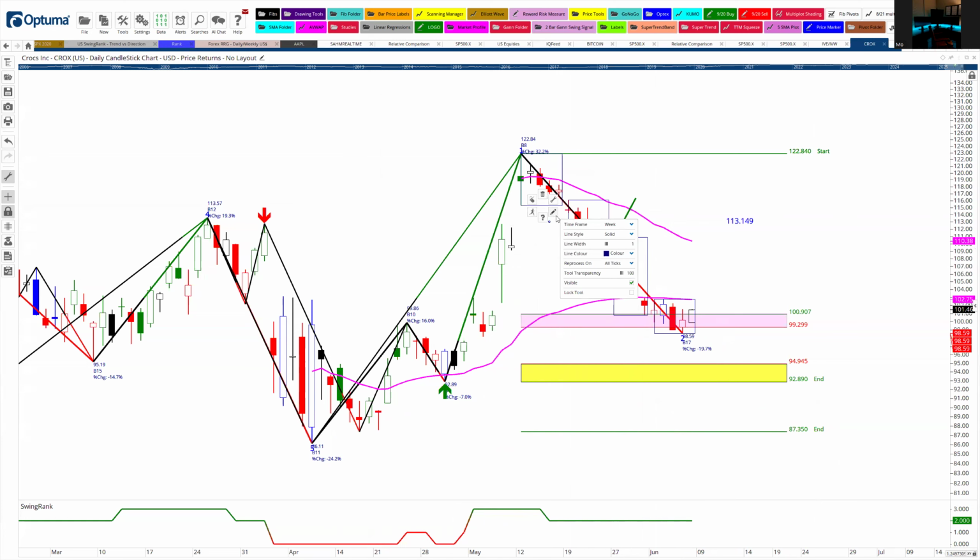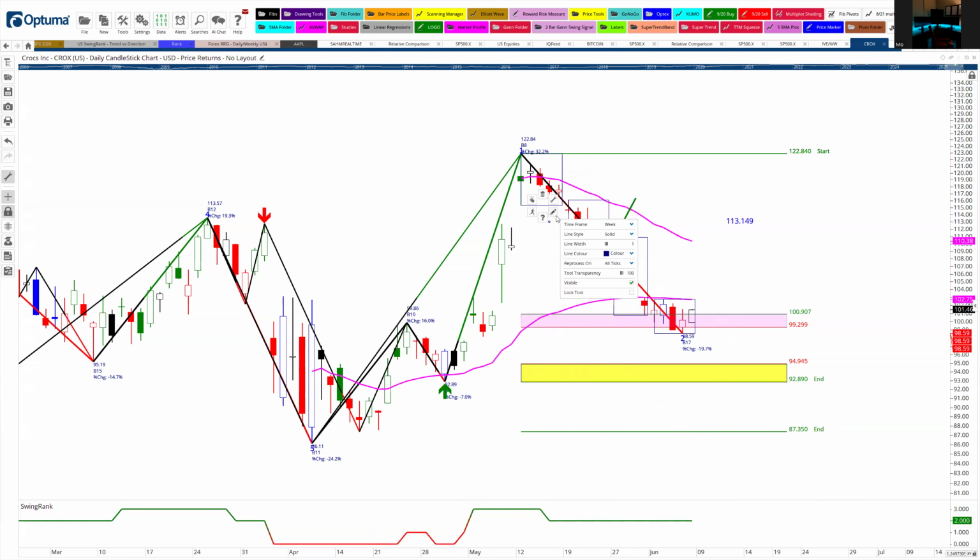So either somebody's selling this stock pretty hard, because if a growth stock just sells off like this on no news, nothing, somebody's in that stock dumping shares heavy. So we'll see what happens.